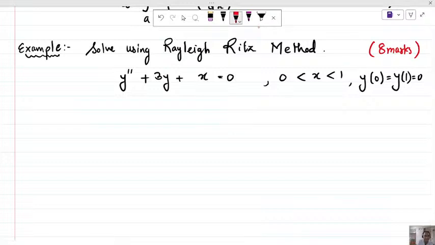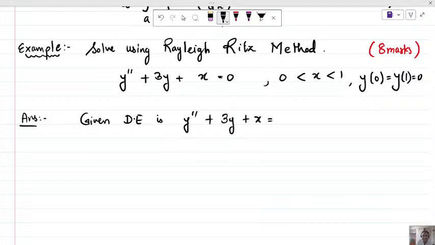Here the given differential equation is y double dash plus 3y plus x equals 0, 0 less than x less than 1, y of 0 equals y of 1 equals 0.